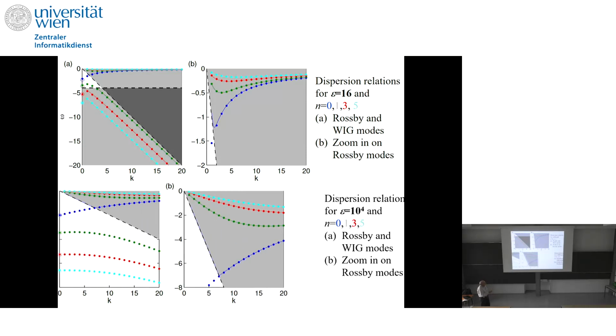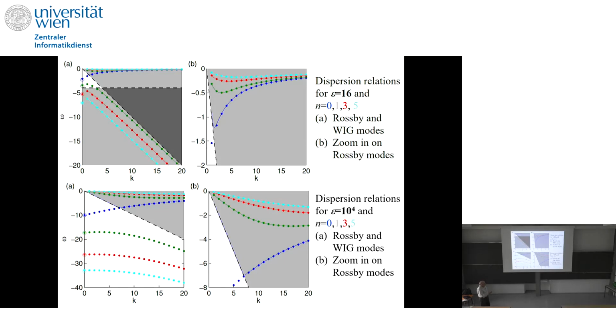If you do the same thing for epsilon of 10 to the 4th, so that the fourth root of that is 10, then you get a similar picture. You have here the Rossby waves, and here you have the n equals 0 Rossby wave that crosses the omega equals minus k curve at that k squared and continues as an inertial gravity wave.